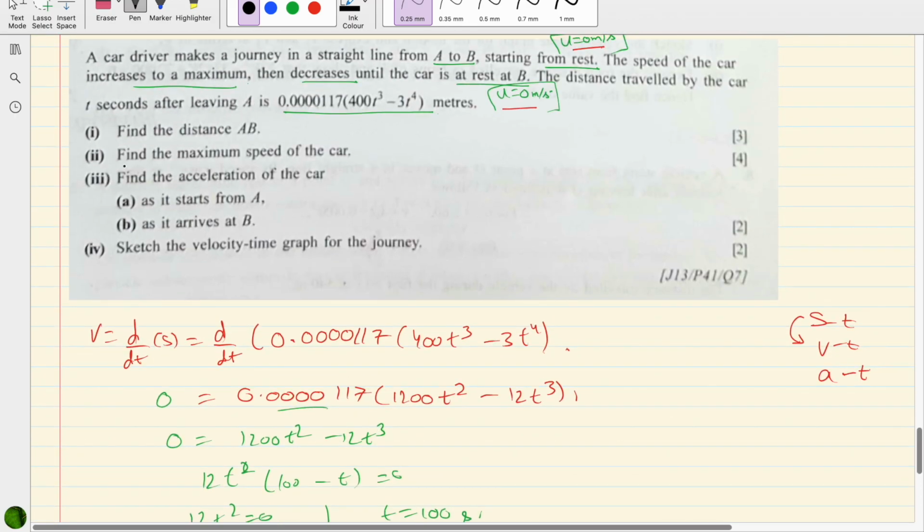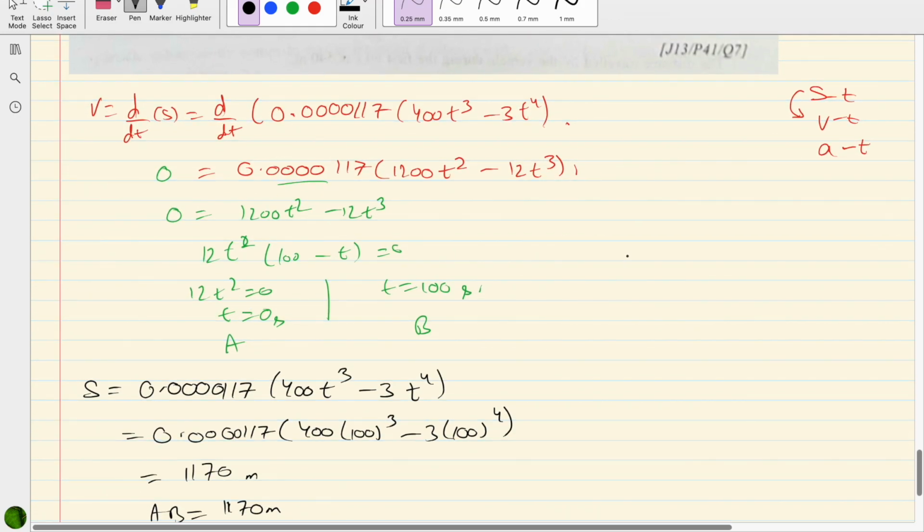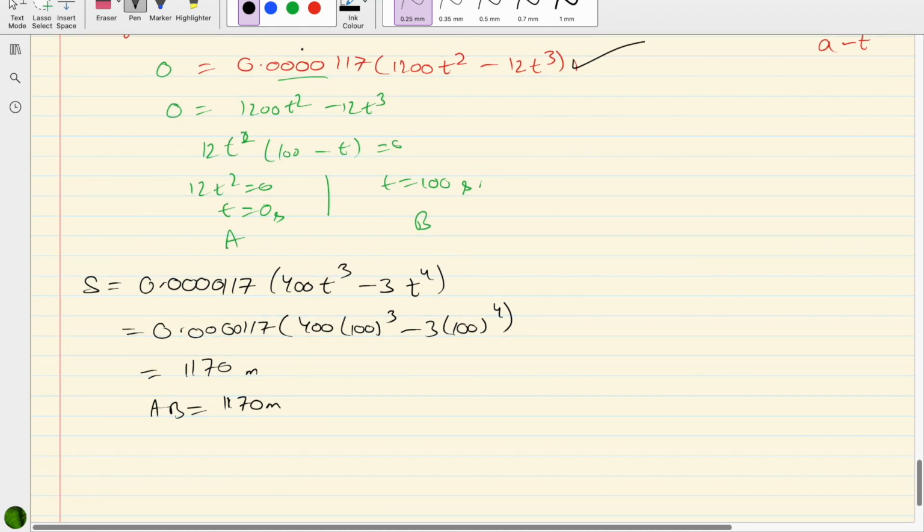Second part of the question says find the maximum speed of the car. So we already have the equation of velocity. I'm going to copy that. This is the equation for velocity: velocity or speed equals 1/117 into 1200 t square minus 12 t cube.